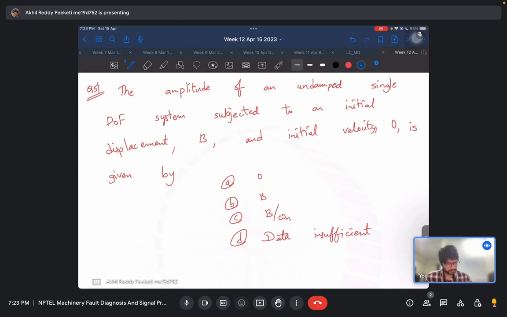So, undamped single degree of freedom system, initial displacement b and initial velocity 0.